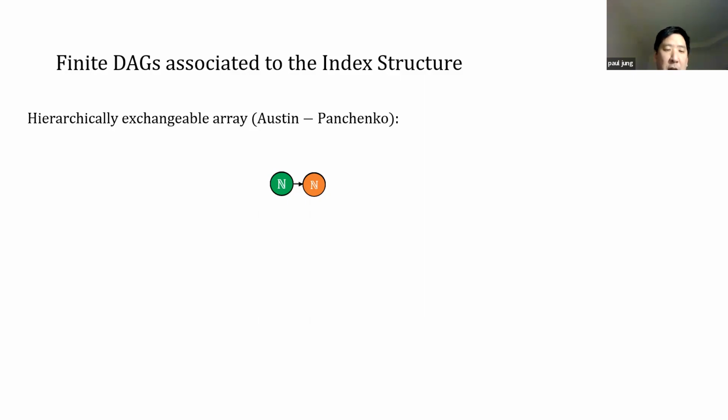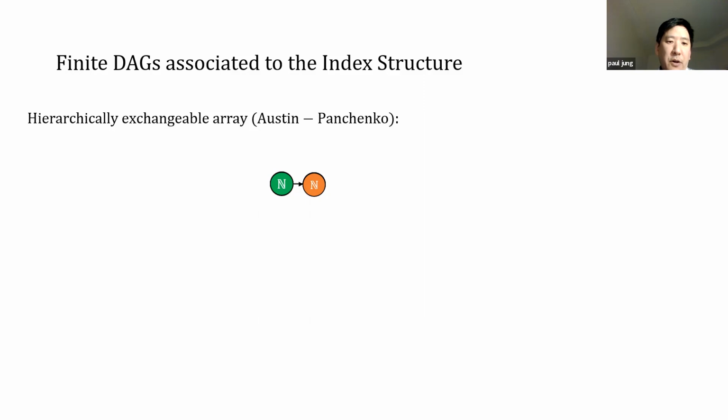I don't think I said this, but DAG stands for directed acyclic graph. So we're allowing for cycles, but not directed cycles. So we have two vertices and one edge in between them, and this edge is directed from one vertex to the other.